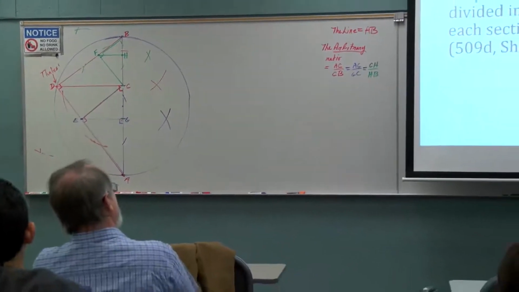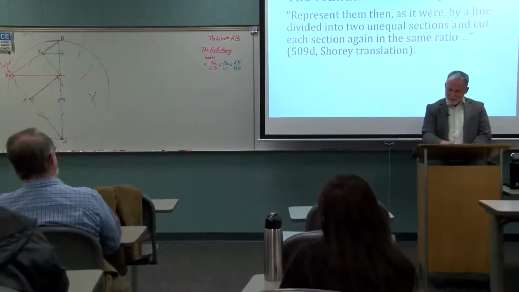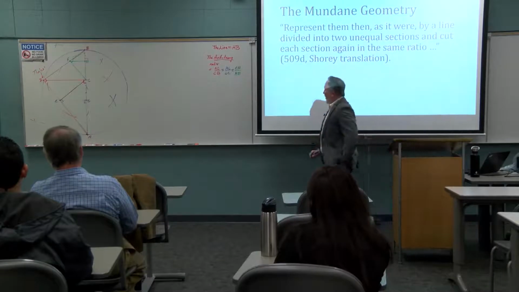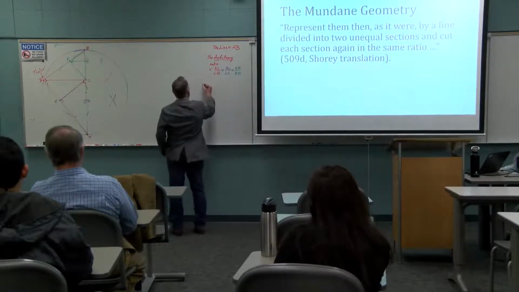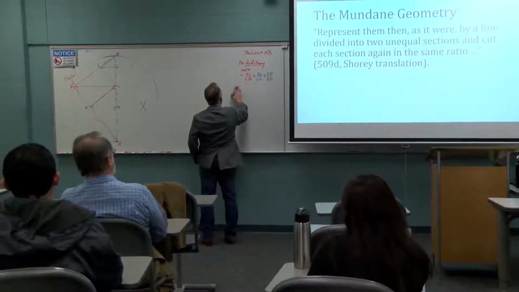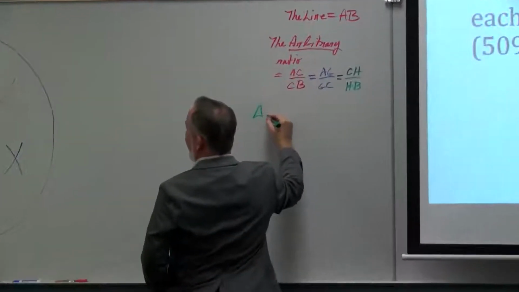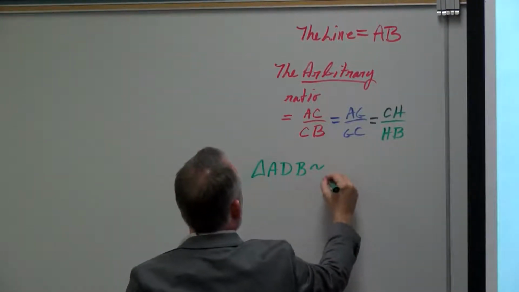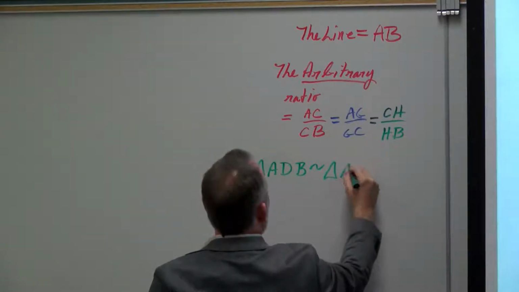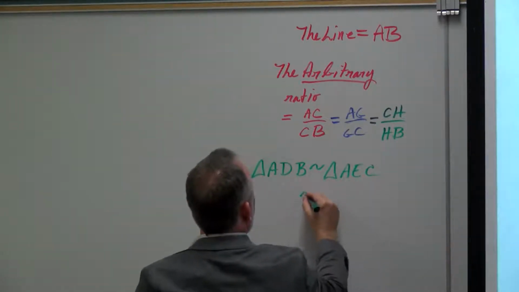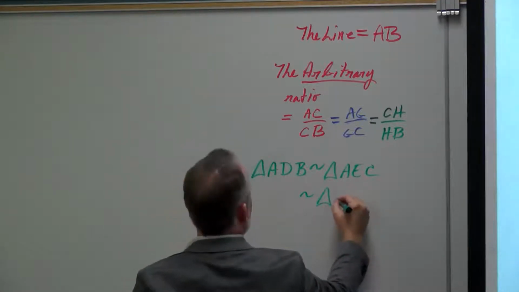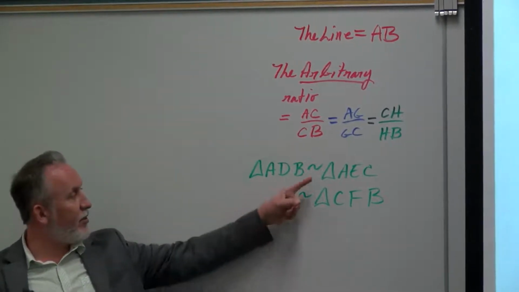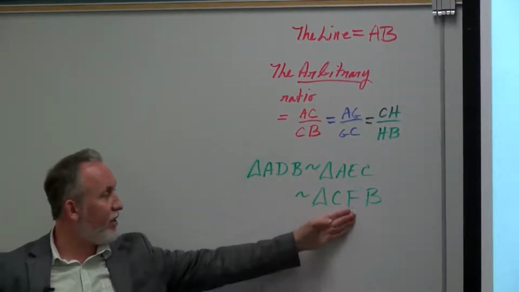Okay, let me check to make sure that I did everything. All right, and of course, what we're relying on here is a similar triangle. So triangle ADB is similar to triangle AEC, is similar to triangle CFB by construction.